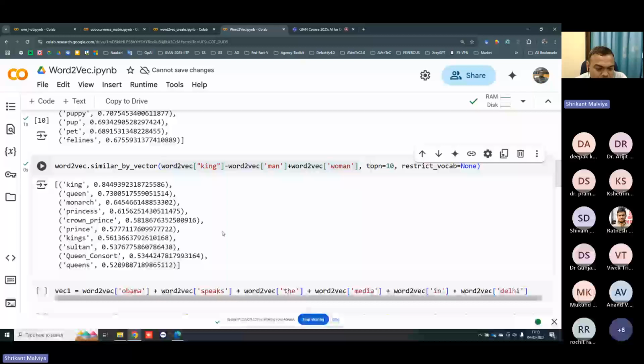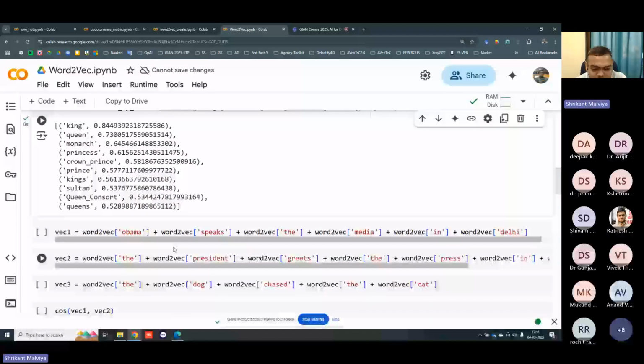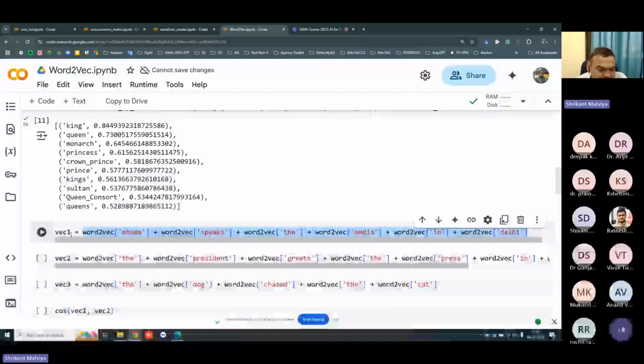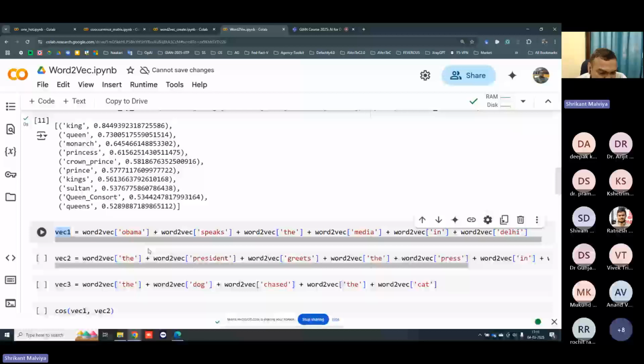And if you want to represent a sentence like "Obama speaks to the media in Delhi", you just find out the vector of each word and sum them up. So it's kind of a representation of the entire sentence. Vector 1 represents the word2vec for this entire sentence. Vector 2 represents the word2vec for the sentence "The president greets the press in India."